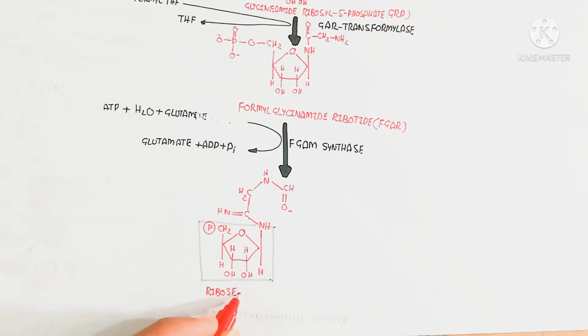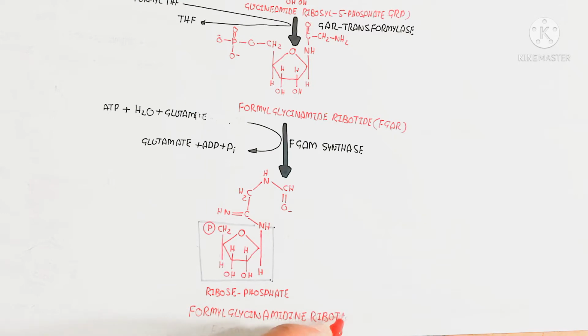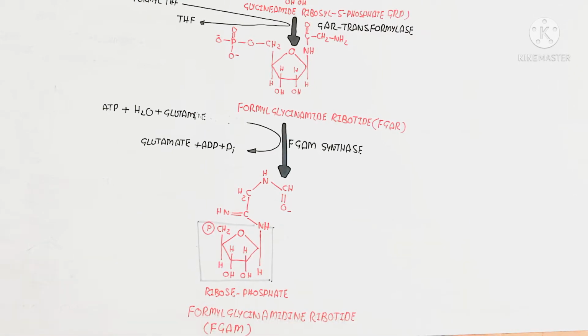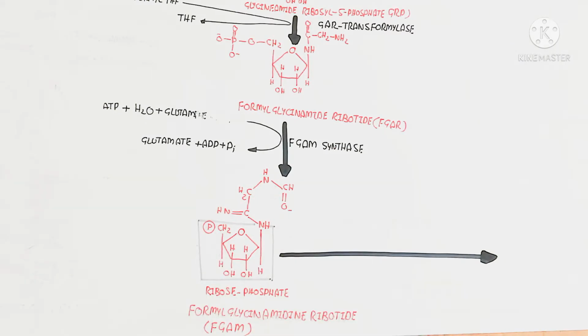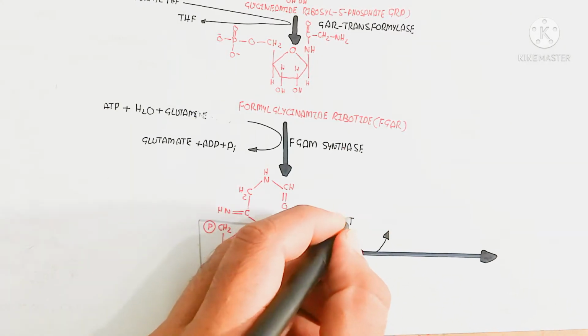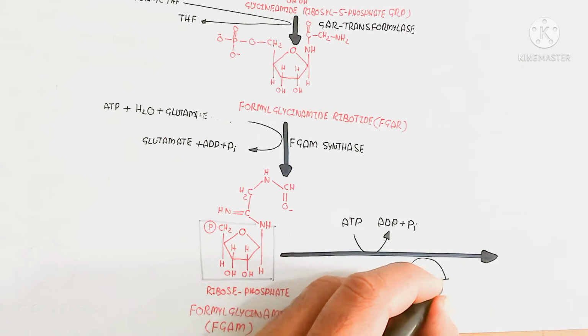So this is the ribose phosphate formation. Here is the ribose phosphate, but the additional compound is formyl glycinamide.